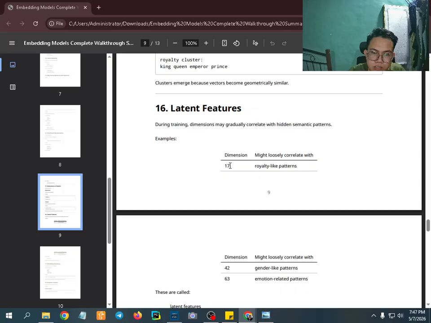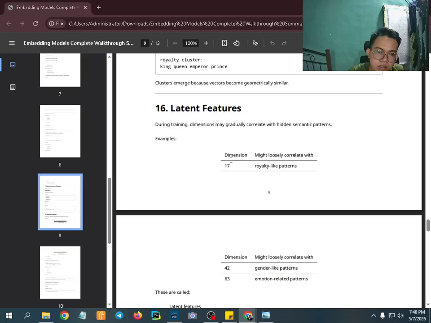Some of the dimension 17 in the word king, for example, will be different in other words. For example, the dimension 17 of the king and the dimension 17 of the banana will not be the same, they will be far away from each other, because dimension 17 is a royalty-like pattern.